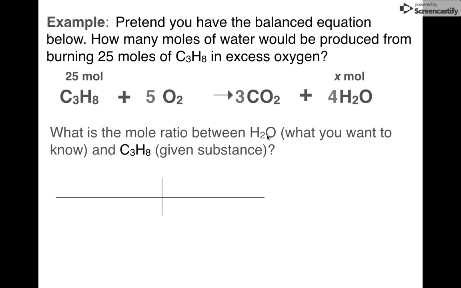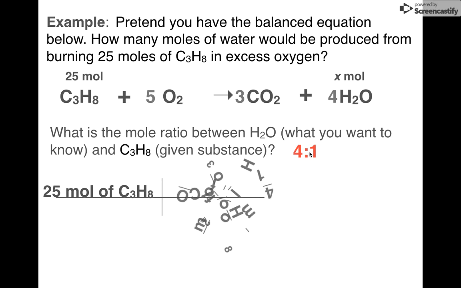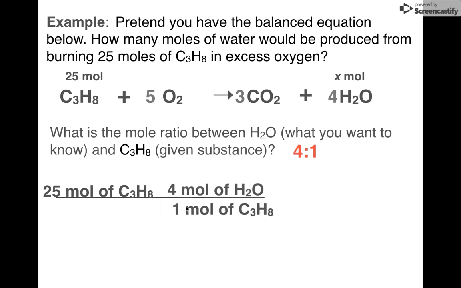So I want to know the mole ratio between water and C3H8. What is it? It is a 4-to-1 ratio, right? Now I can put in what I'm given, 25 moles of C3H8. I can put my ratio 4-to-1. And notice that I'm putting everything in my conversion factor box.